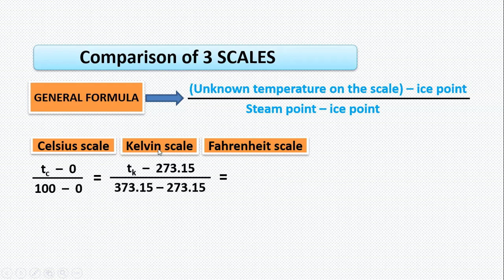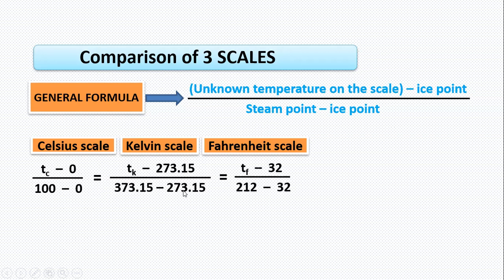Now the Kelvin scale. For the Kelvin scale, the unknown temperature Tk, that is temperature in Kelvin, minus the ice point, which is 273.15. And the steam point is 273.15 plus 100, that is 373.15, minus again the ice point.